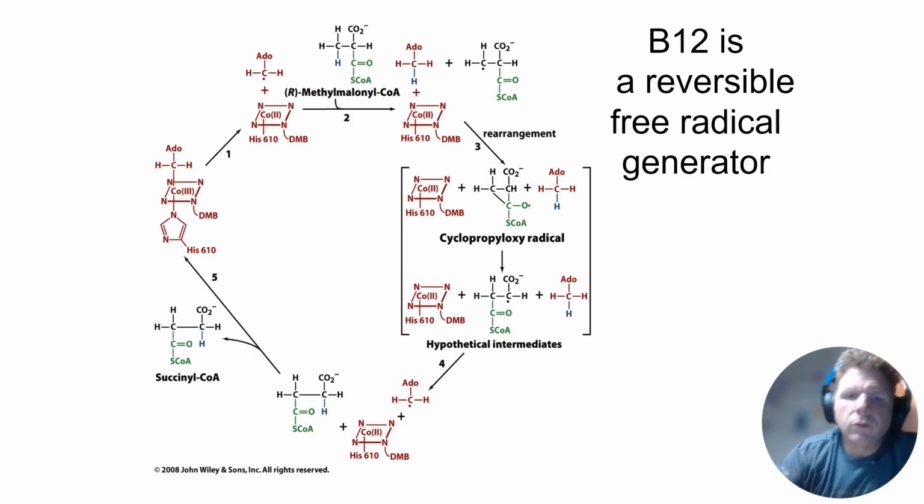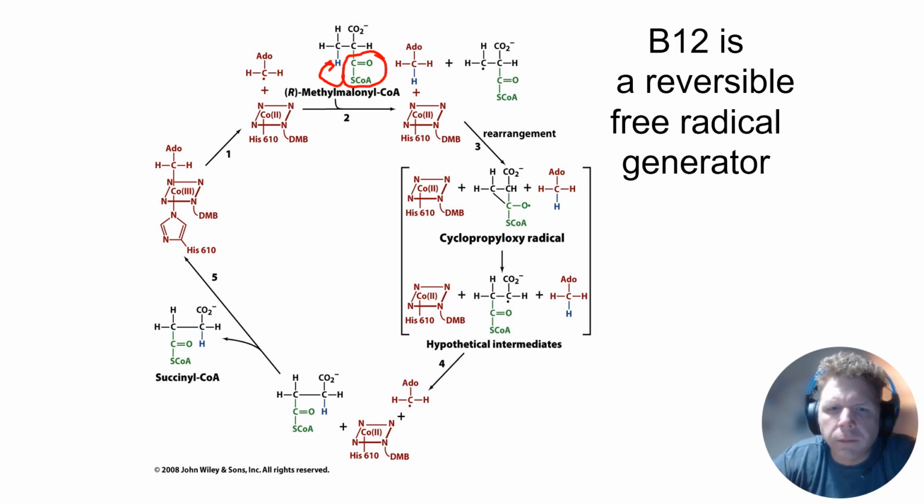Now, what we've got going on here is we want to move this right here to that position right there. So how are we going to do it? Well, we're going to do it with the help of vitamin B12. And what we're effectively going to do is use this adenosine from our vitamin B12 to remove this hydrogen, removing that from that carbon right there.